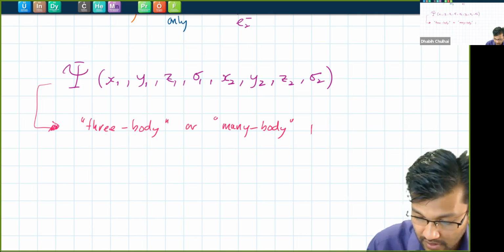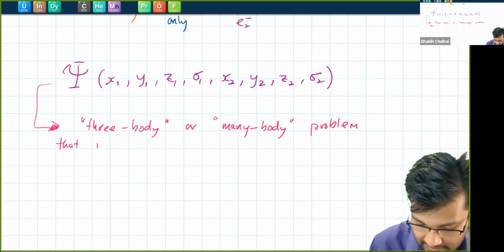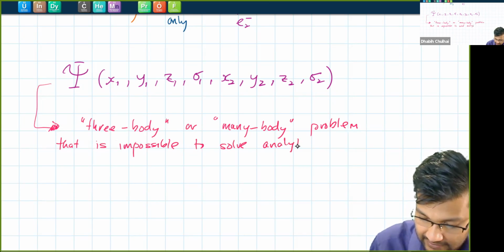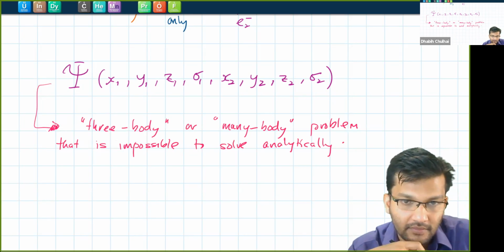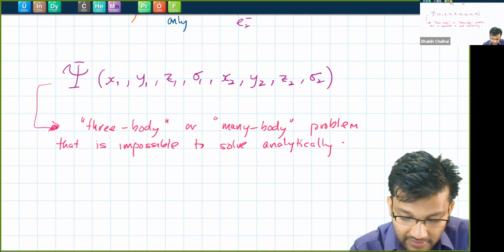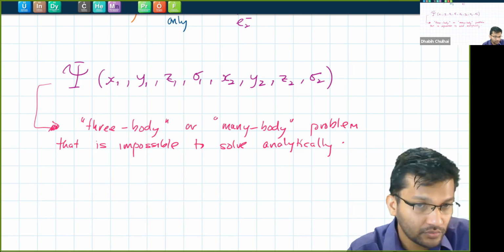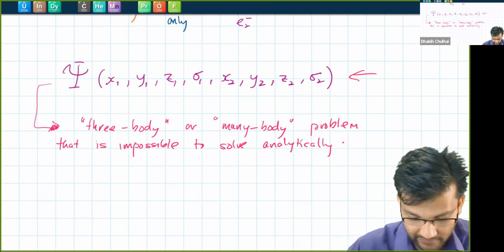Many-body problem that is impossible to solve analytically. What does that mean? Well, there's at least three bodies in this problem, the nucleus and the two electrons. And so no matter what you do, there is no good function for this wave function.